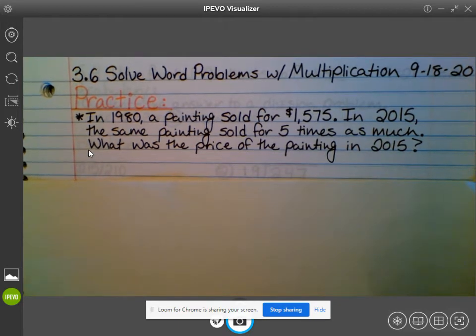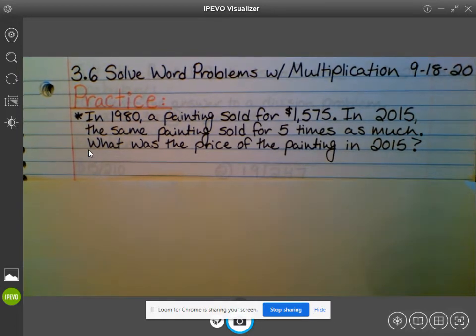So that third sentence, what was the price of the painting in 2015? Put a thumbs up when you've got that down. That way I can just see who's still working on writing the word problem.